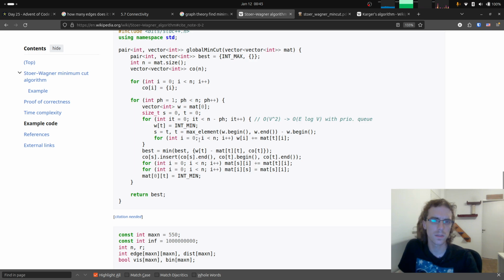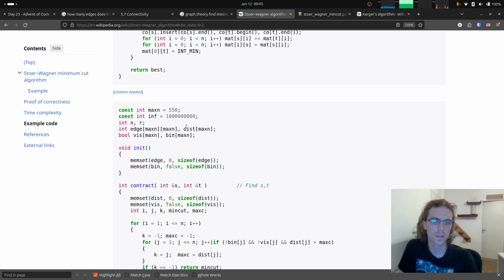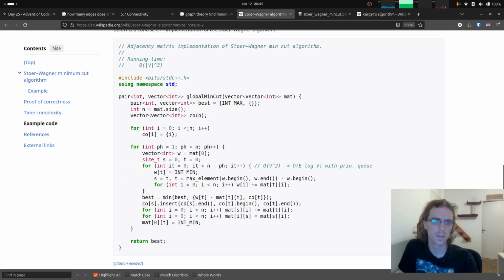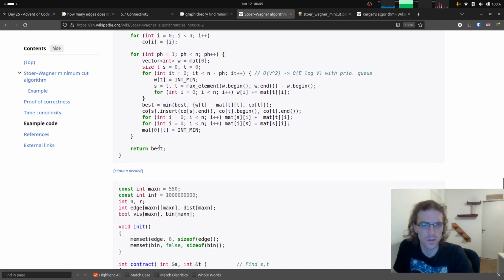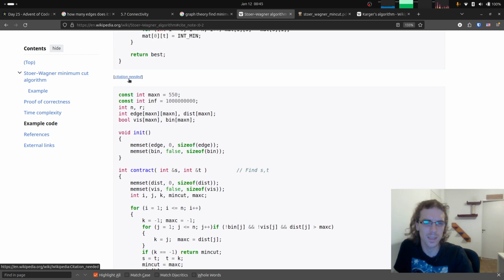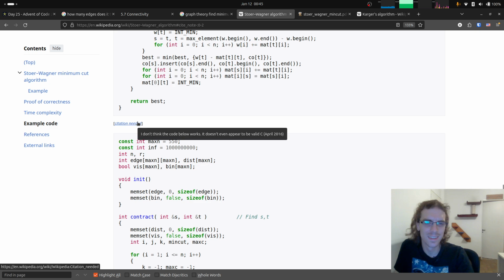Because this is not calling any contract and things? What the hell? This is very compact code, and I wonder why does it end here and citation needed? And I don't think the code below works, it doesn't even appear to be valid C.